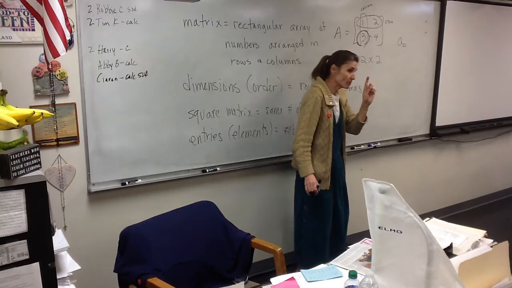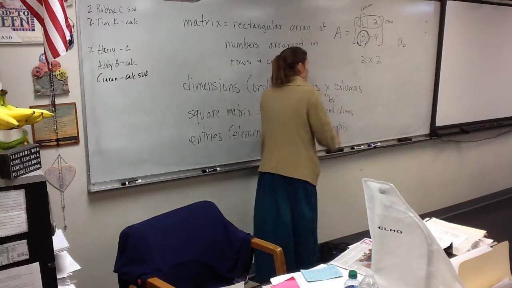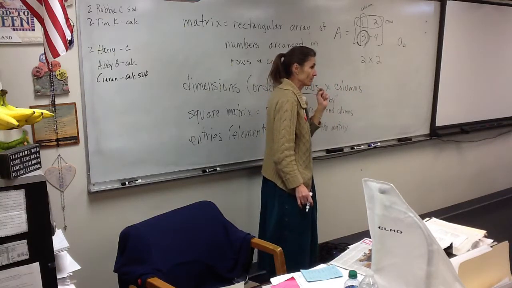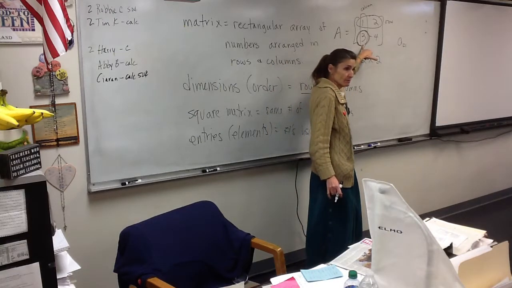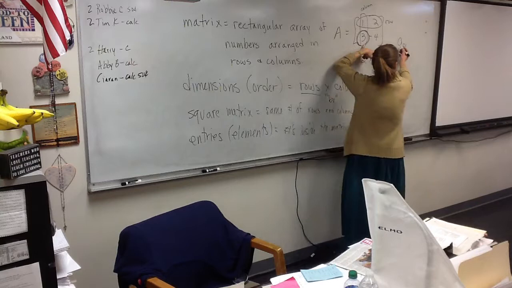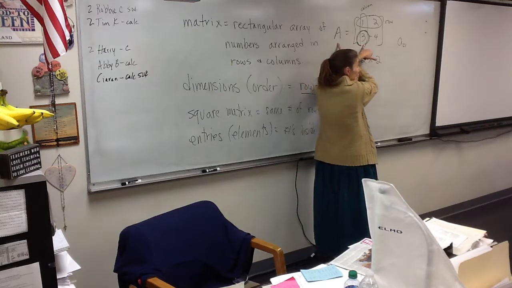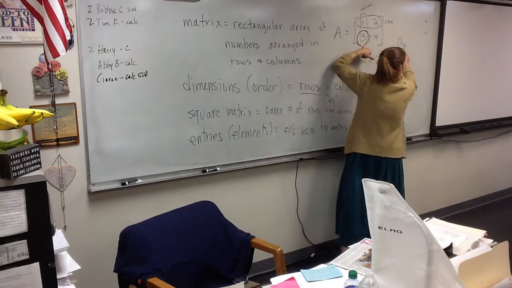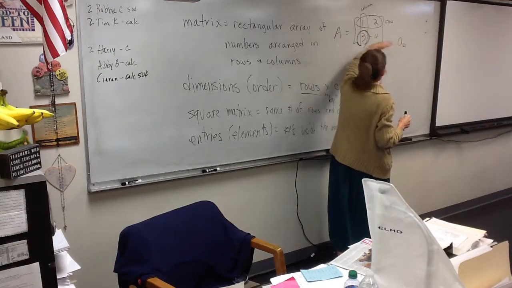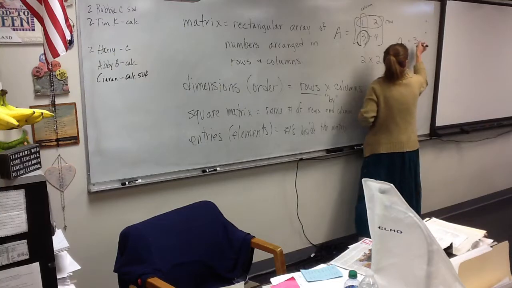And remember, when I'm in matrix land, the row number is always first. So second row, first column, that's 3.